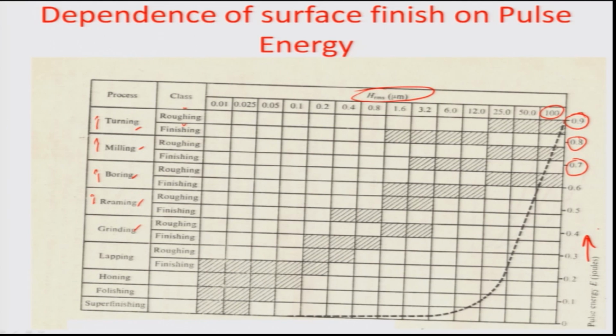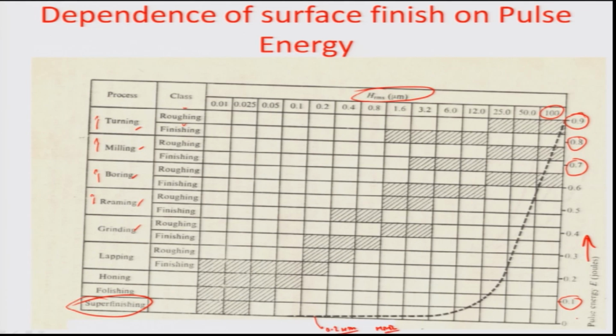What is more interesting is that if you have the pulse energy very small, in the domain between let us say 0 and 0.1, you could get into the domain of as low as 0.2 microns surface finish, although the MRR or the material removal rate is quite insignificant, but you can actually hit upon the super finishing domain by using a very low pulse energy system.